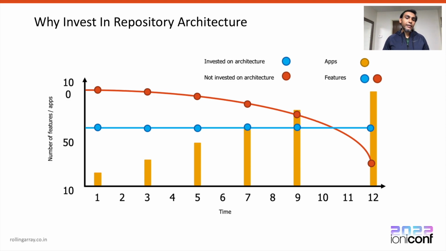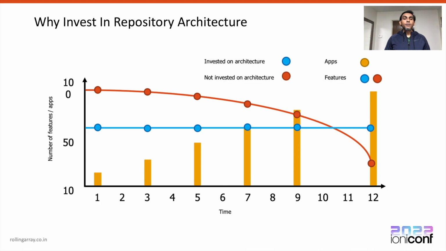The reason is that when your application is small, you should be able to achieve your features and your go-to market becomes far easier. But as your requirements keep increasing, you see that your go-to market takes time.